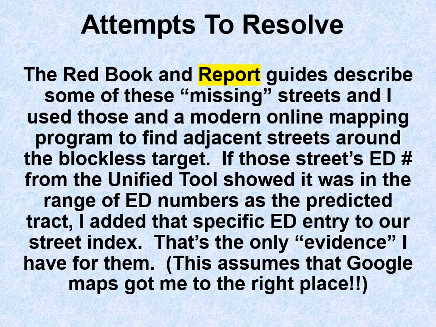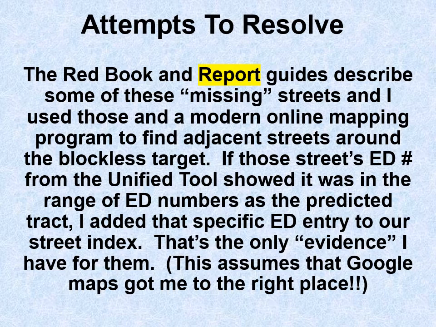The Red Book and the report guides for some streets describe these missing streets. I'll show you some sample descriptions, and I'll use those in a modern online mapping program to find adjacent streets around that blockless target.